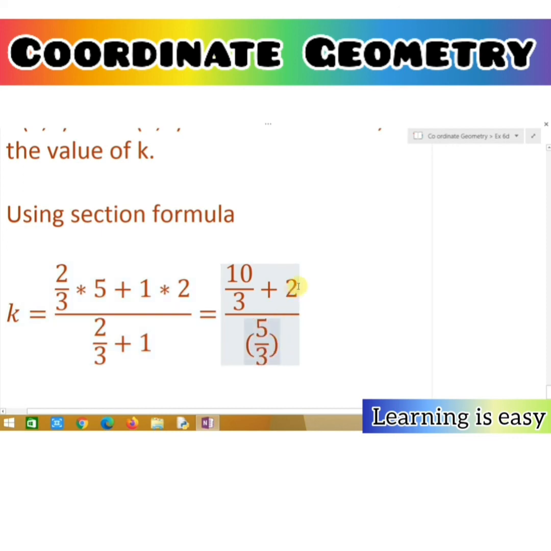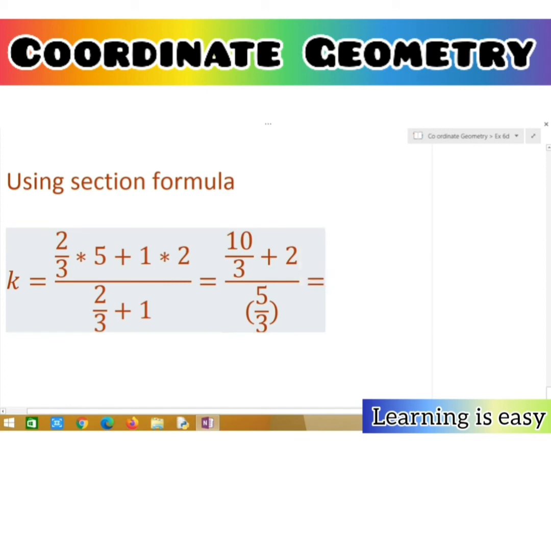Now we have to take the LCM in the numerator also. So 3 2s are 6, 10 plus 6, 16 by 3 and 5 by 3. So 3 and 3 go off. 16 by 5 is the value of k.